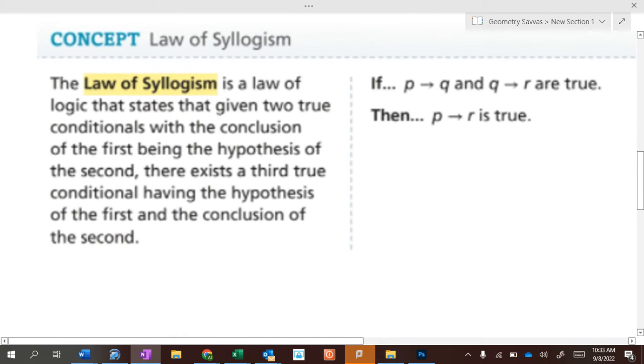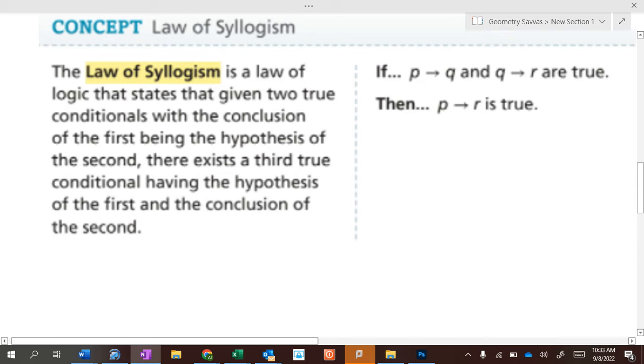The law of syllogism. This is a long one, so I'll give you some time to write it down.